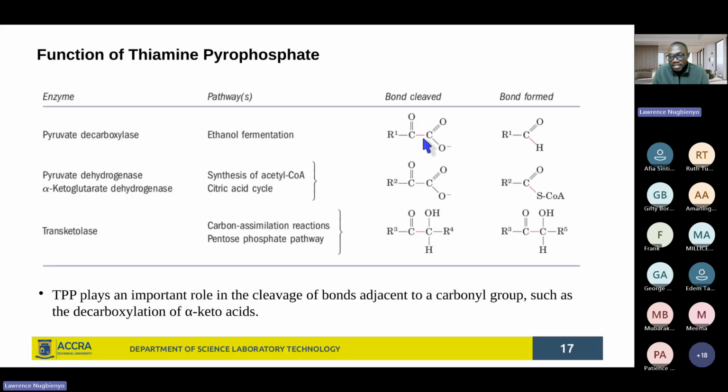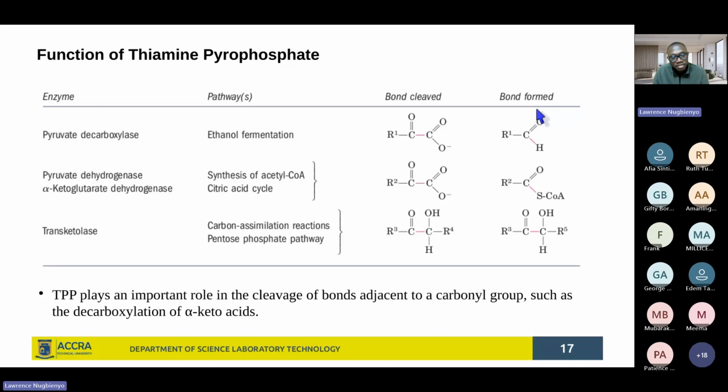And then you see that a new bond is formed with hydrogen on the residue. The carbon which is left, there's carbon double bond O, and you have a hydrogen now bound onto it. So you now have an aldehyde group. So the carboxyl group is broken off, and you now have an aldehyde.